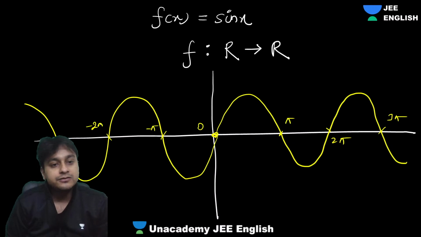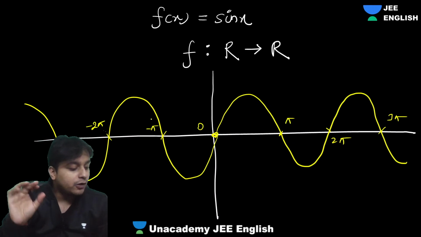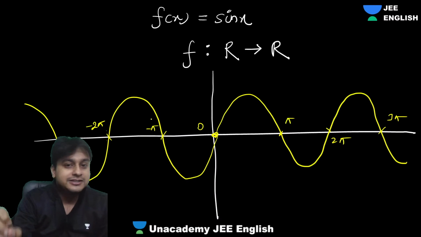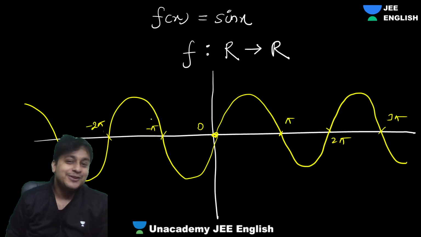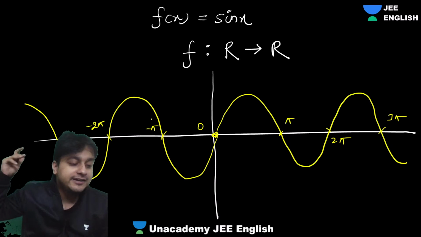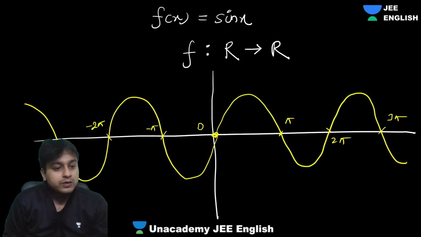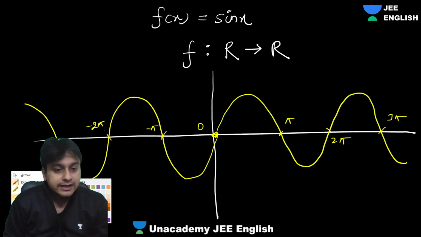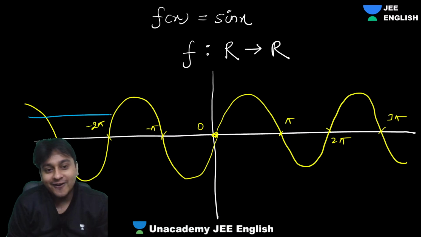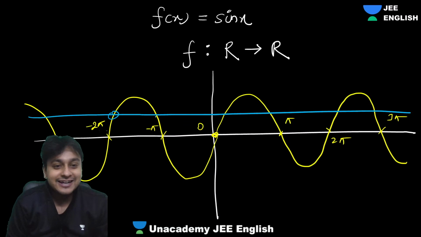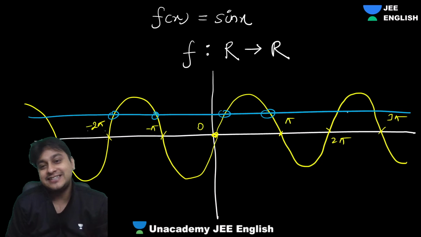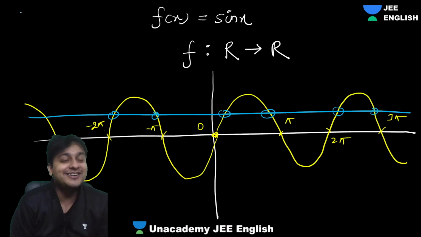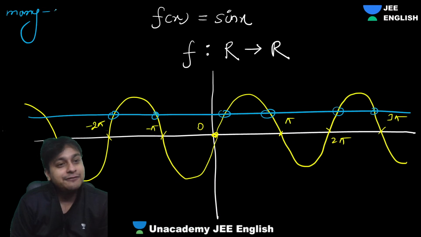As we can see, first of all, tell me whether this function is 1-1 and onto. You will definitely say, sir, it is not 1-1. Why not 1-1, guys? Because if you draw a horizontal line test, it will cut at infinite points, isn't it? Actually it is infinite to 1, not many-one. It's infinite to 1. So obviously it is a many-one function, right?